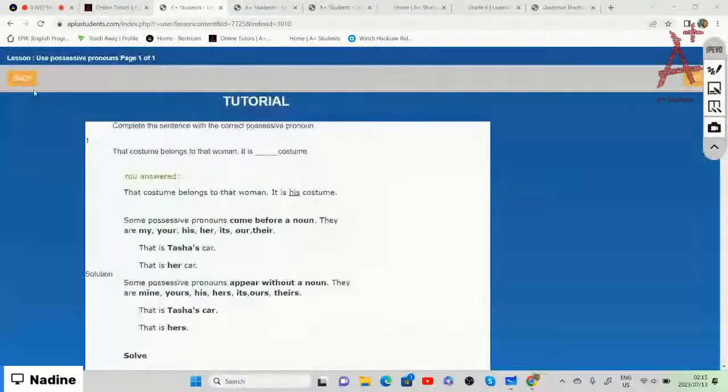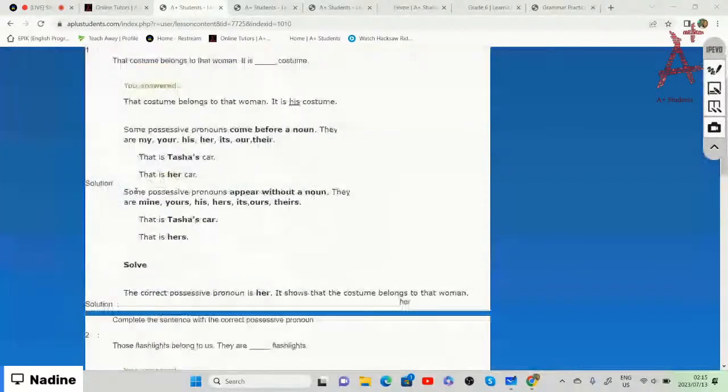All right, so that is how we use possessive pronouns, right? Remember, we mentioned that some possessive pronouns come before a noun. When a possessive pronoun comes before a noun, we have possessive pronouns such as my, your, his, her, its, our, and their, right?